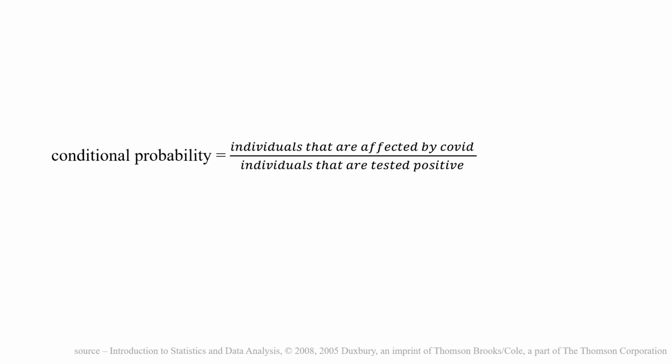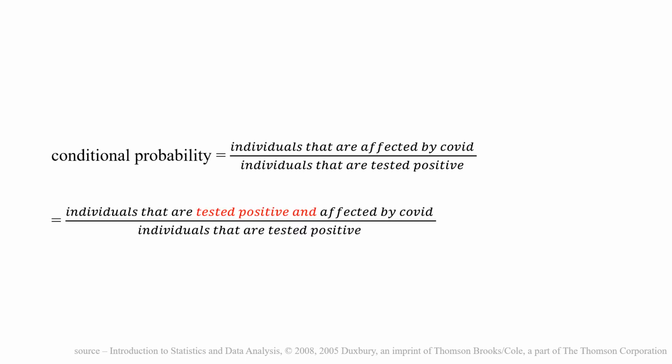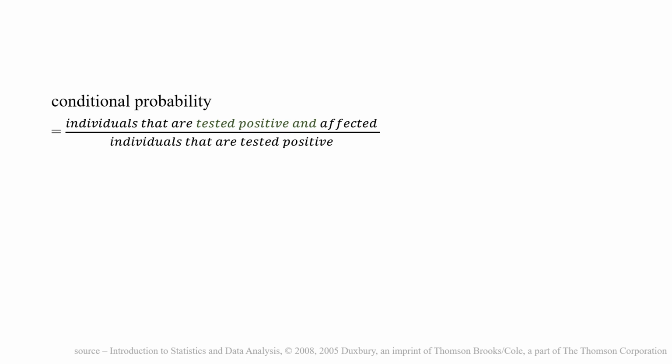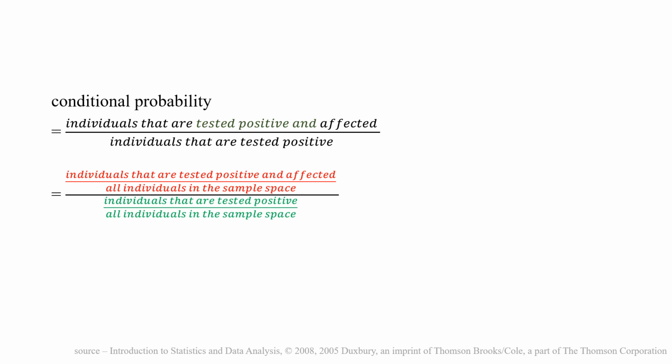Since affected ones amongst the tested ones are considered, the above expression can be written as the ratio of individuals that are tested positive and affected by COVID to the individuals that are tested positive. Dividing the numerator and the denominator by all outcomes in the sample space, in other words, all individuals in the sample space or locality, we get the ratio of individuals that are tested positive and affected to all individuals in the sample space, divided by the ratio of individuals that are tested positive to all individuals in the sample space.